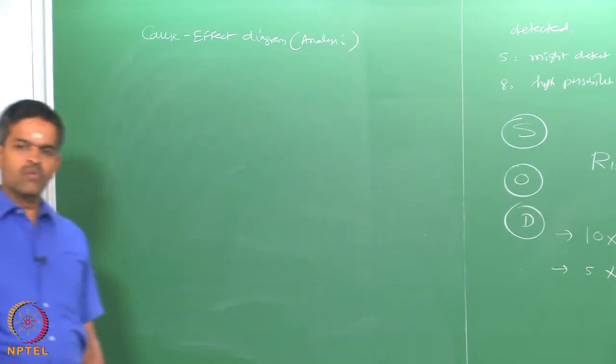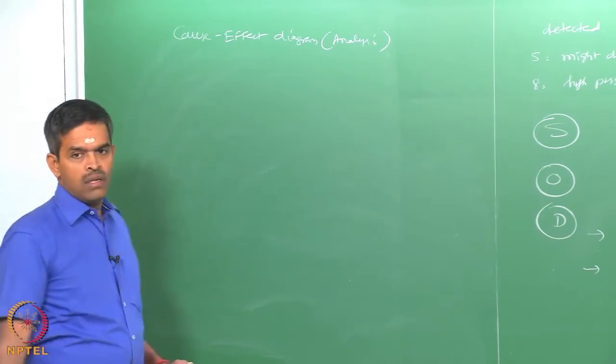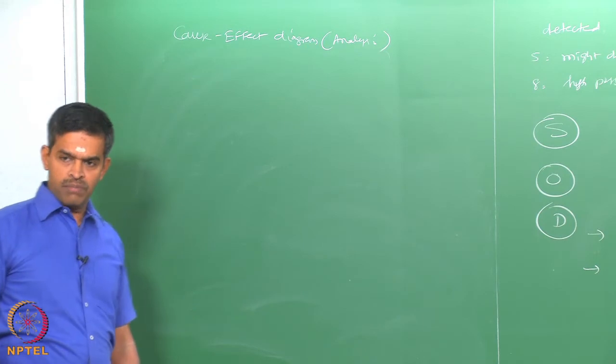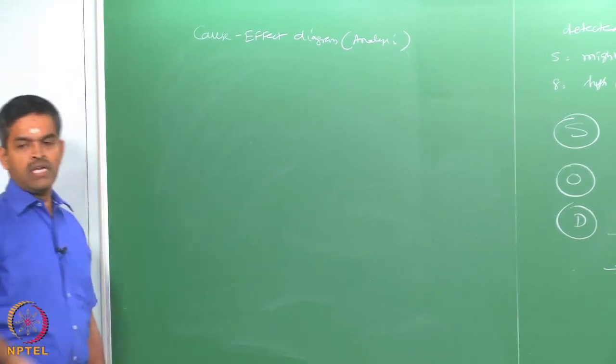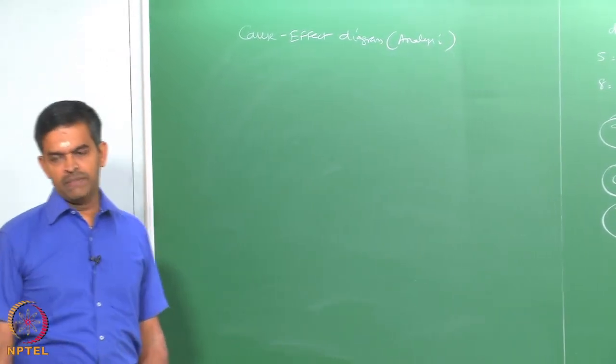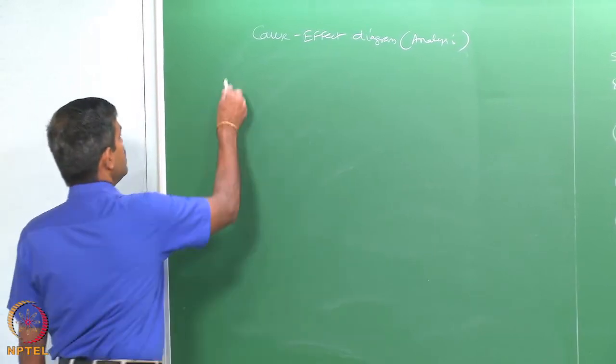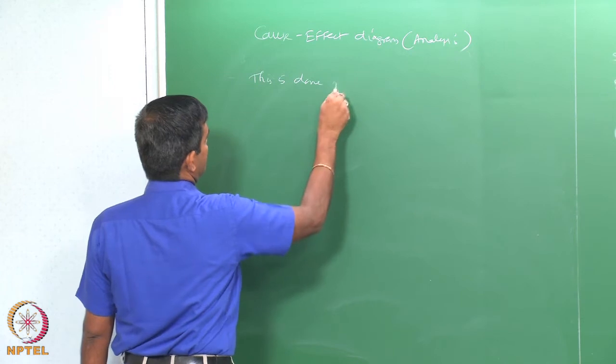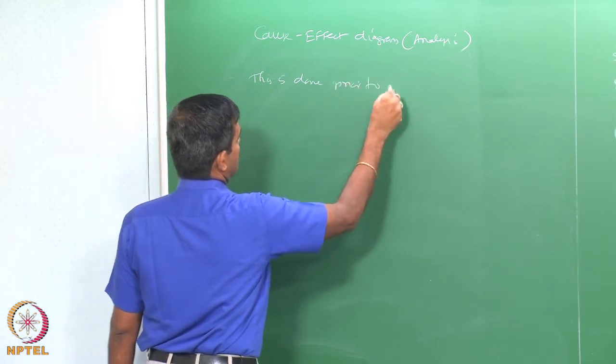First, one can ask me a question, why is it essential to conduct a cause effect analysis? Cause effect analysis is important because for FMEA you need to identify the causes and the corresponding effects, is it not? Therefore, it is essential. This is to be done prior to conducting FMEA.